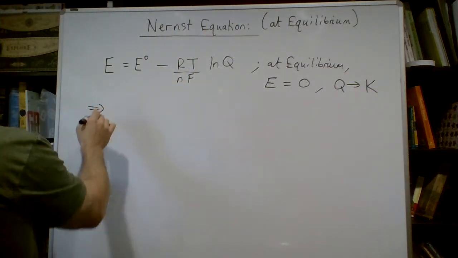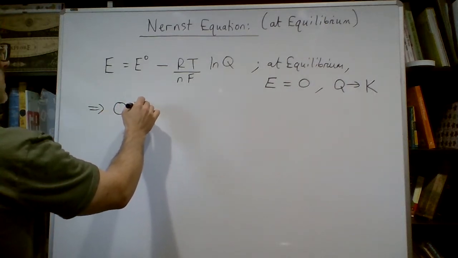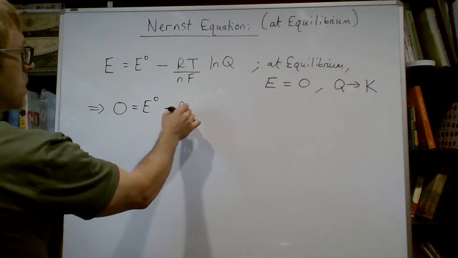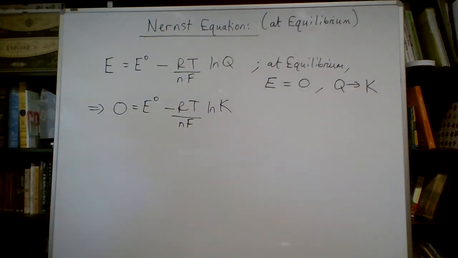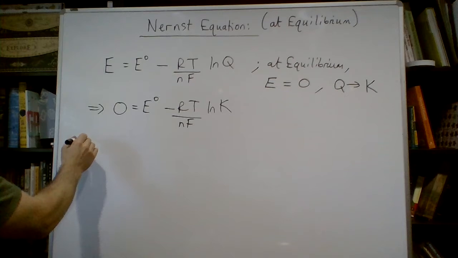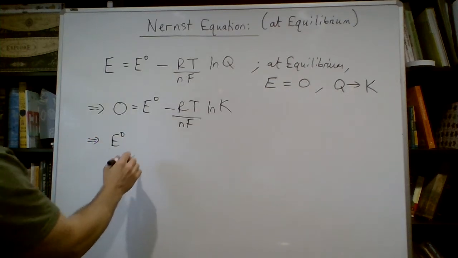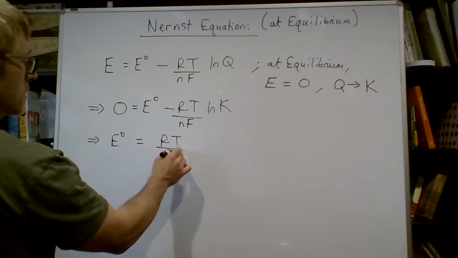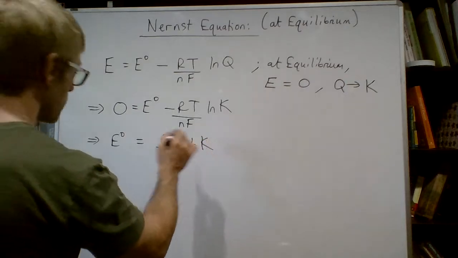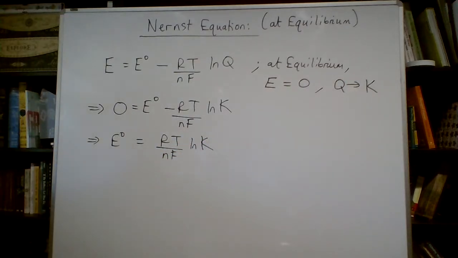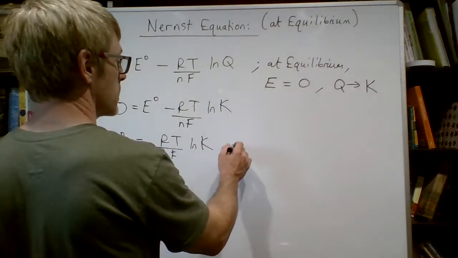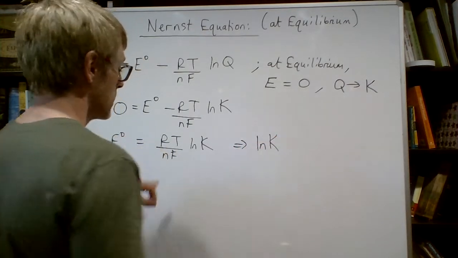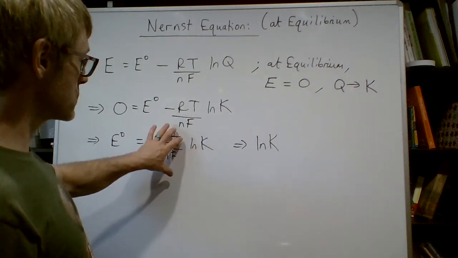So we can say that 0 volts is the standard voltage minus RT over NF log K. If we transpose the negative term over to the other side and make it positive, we can say that the standard voltage is positive RT over NF log K. If we wanted to find out what the equilibrium constant is, we can isolate that and say that the log of the equilibrium constant, we could just take this term over here.